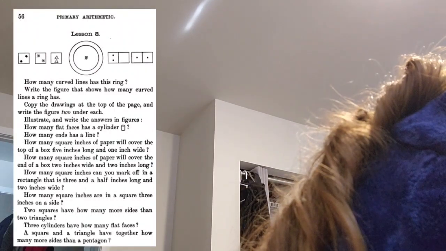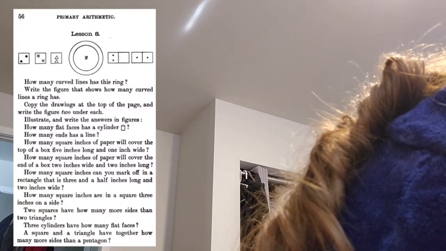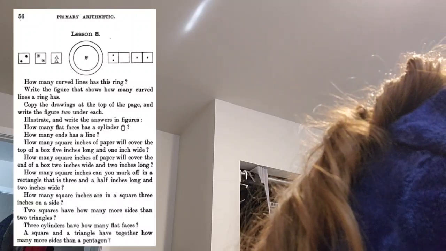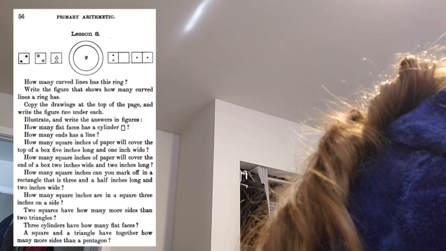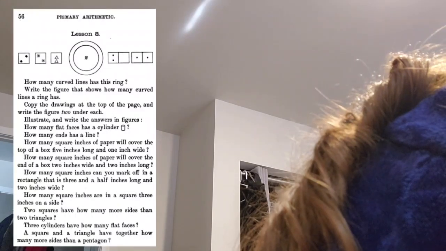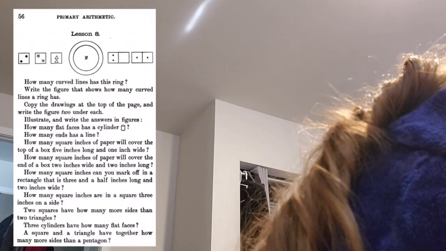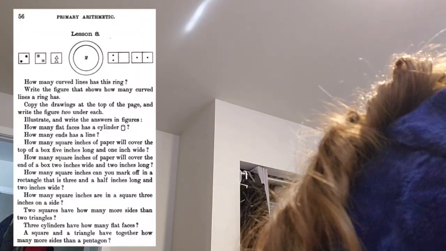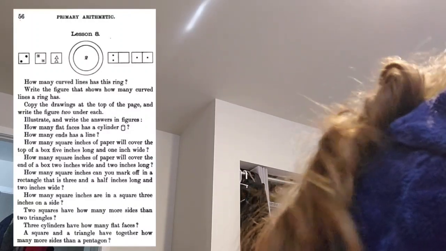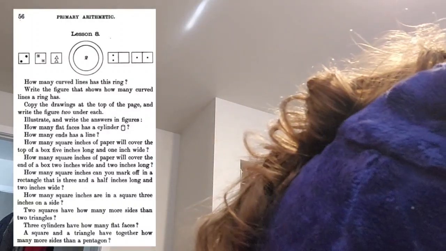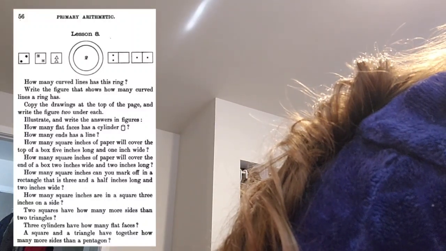You could mark off a half inch, and that's it. I think you can only mark off a half inch. I don't understand that one. But moving on.